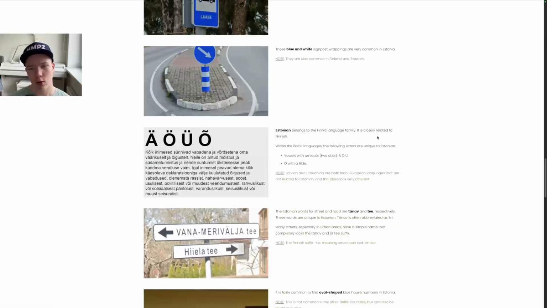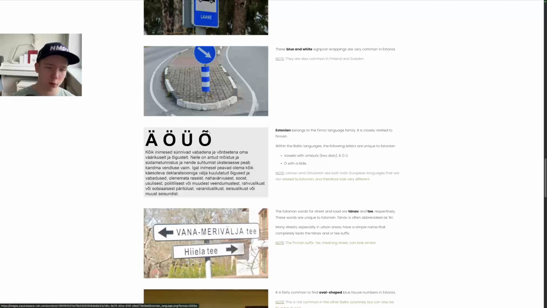In Estonian, the main thing that you can see is this letter, õ. It's pronounced a bit weird. This is completely unique to the Estonian language, and I guess it's also in Portuguese actually.